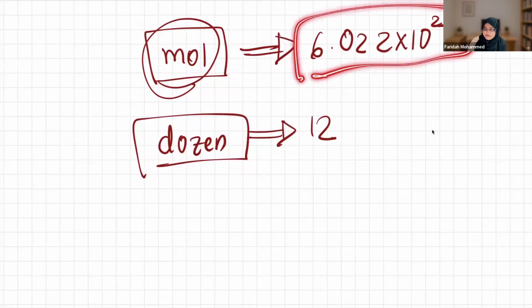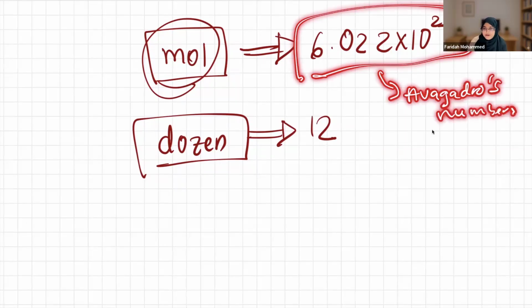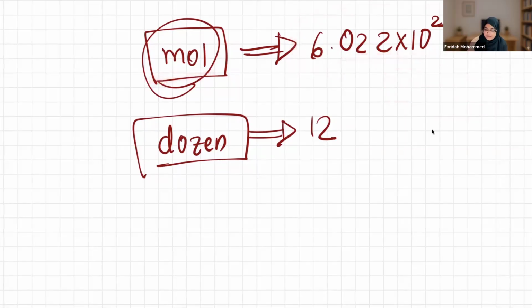This is known as Avogadro's number. Write it down. Everyone remember the name. Maybe some of you don't remember the number, but everyone remember Avogadro's. Sounds like avocado, I guess. This is Avogadro's number, and this is 1 mole. That is the definition of 1 mole.